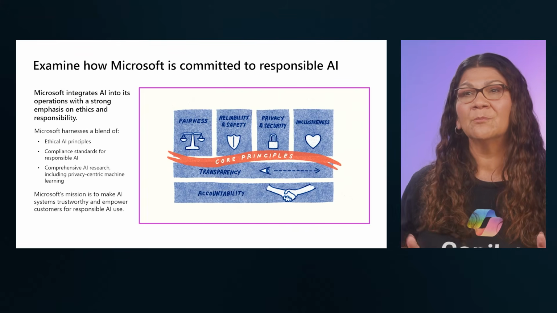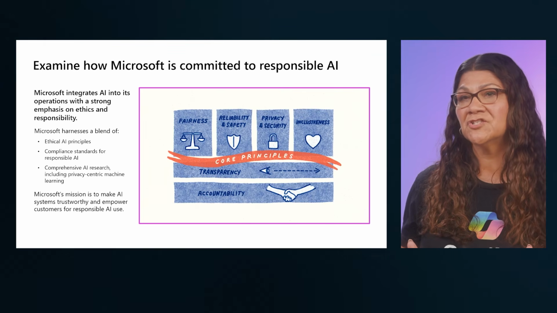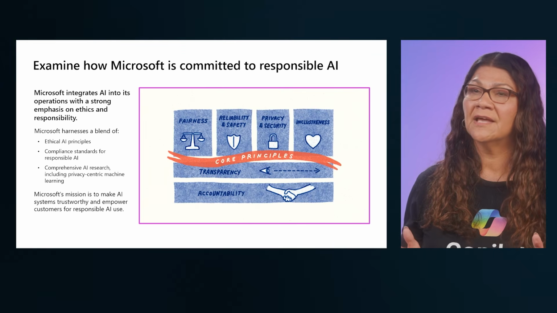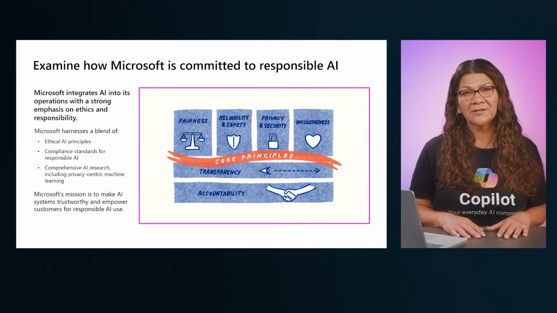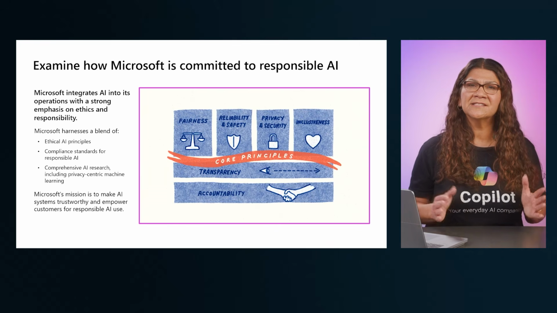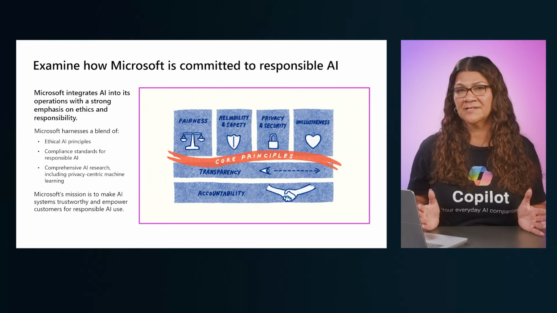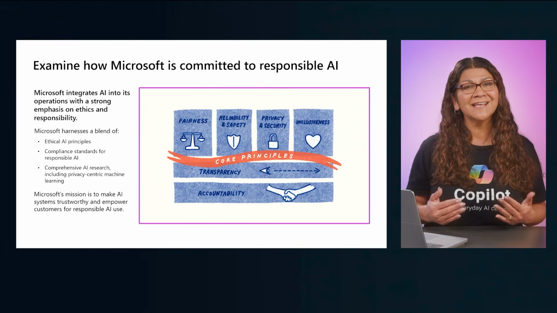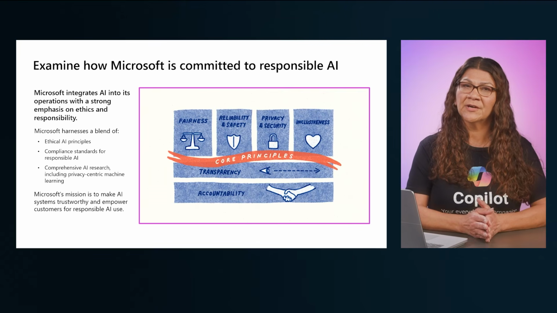daily work. Microsoft builds Microsoft 365 Copilot on a foundation of responsible, ethical, and transparent AI, ensuring every interaction is grounded in trust. Copilot's intelligence is powered by Microsoft's rigorous approach to fairness, working to reduce unintended bias so all users receive equitable experiences.